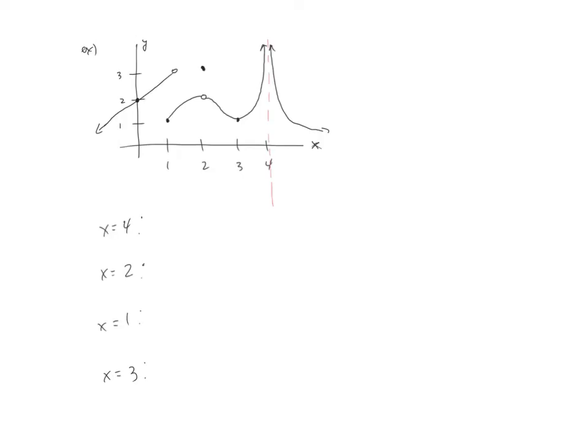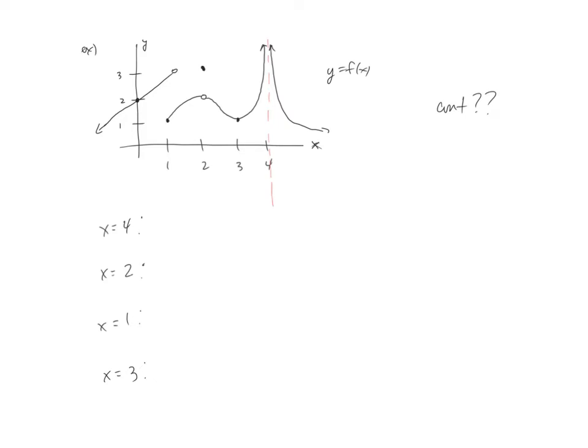Okay, so for this problem, you can see I've got a pretty elaborate graph up on the screen. We're going to investigate whether or not that function is continuous at 4, 2, 1, and 3. Let's say that this guy is f of x. Is f of x continuous at 4, 2, 1, and 3?